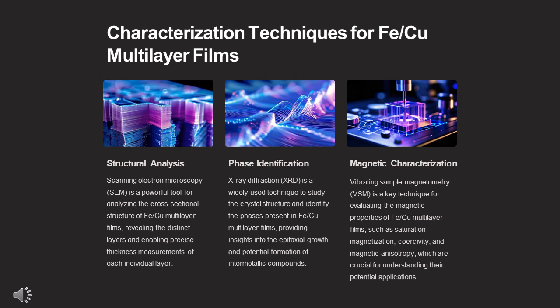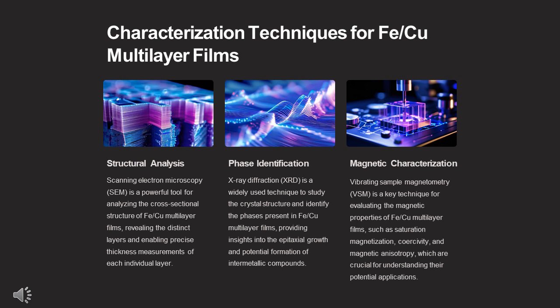Structure analysis. Scanning electron microscopy (SEM) is a powerful tool for analyzing the cross-sectional structure of ferrum and copper multilayer films, revealing the distinct layers and enabling precise thickness measurements of each individual layer. Phase identification.